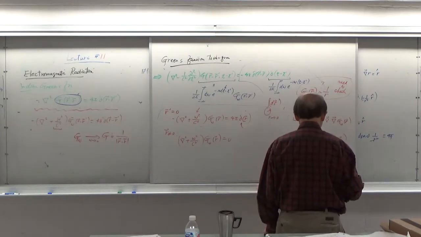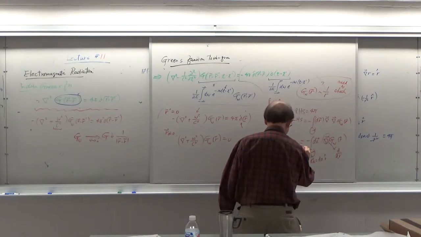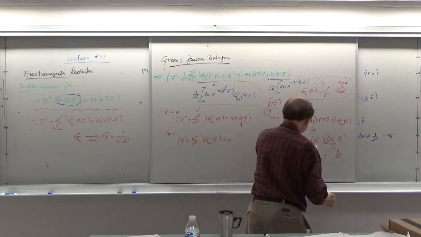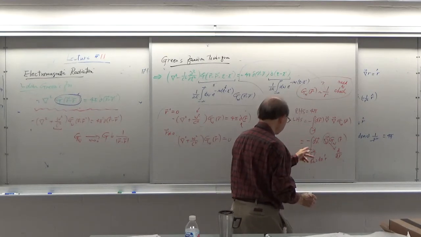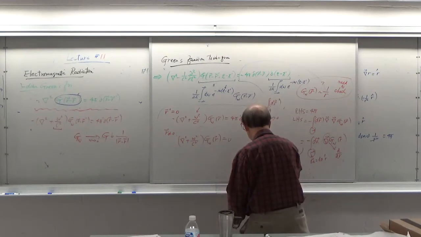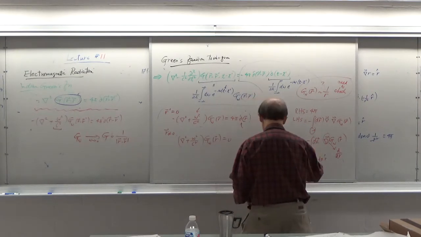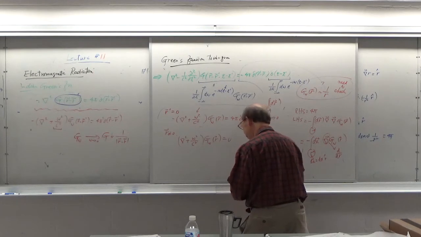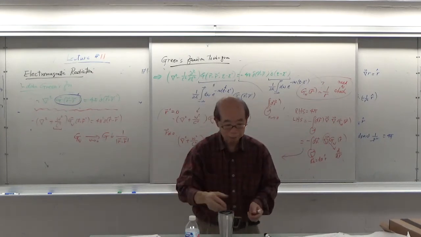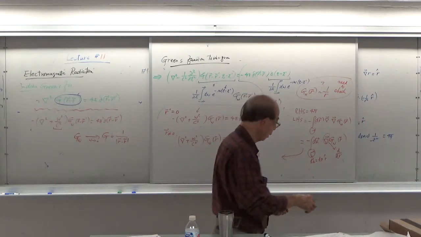So let me continue here. Integration over the surface goes like R squared. Then 4 pi coming from the integration over the angles. The solid angle is 4 pi.